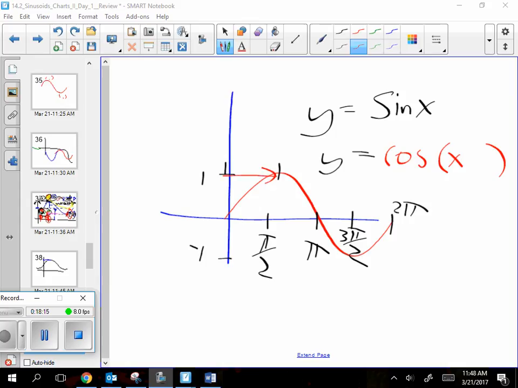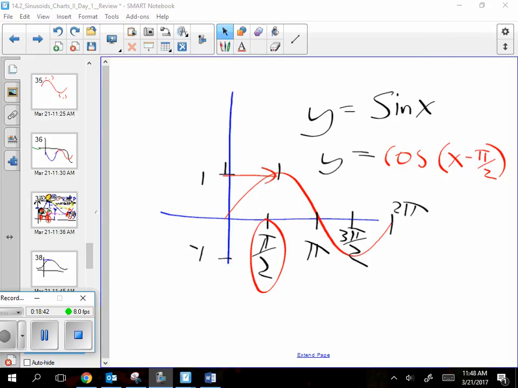That spot's x value, and the x is down here, minus pi over 2. Now, could you shift it to the left also? Yeah, but it would be more complicated. It wouldn't be left pi over 2. It would be left further. You could make this as a shift to the left, but it would be more complicated.